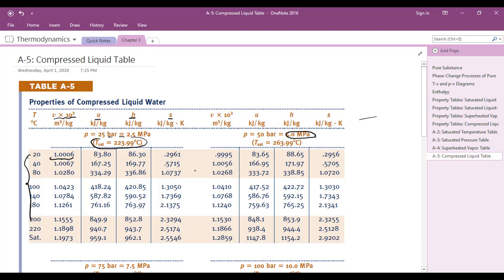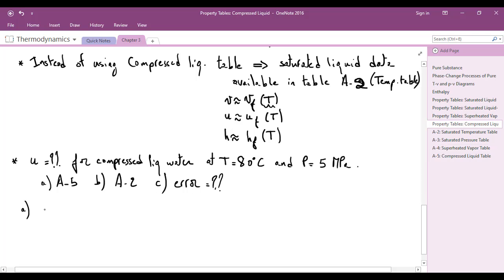The temperature here is 80 degrees, which is less than the saturation temperature. Then this is of course a compressed liquid state. So at 80 degrees, the internal energy is 333.72 kilojoule per kilogram. So from table A5, U is 333.72 kilojoule per kilogram.